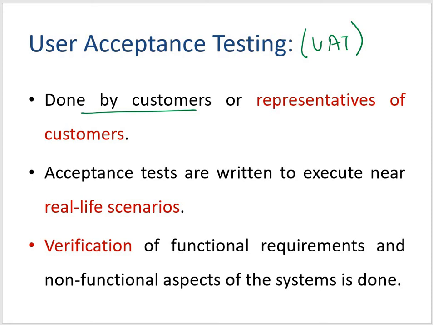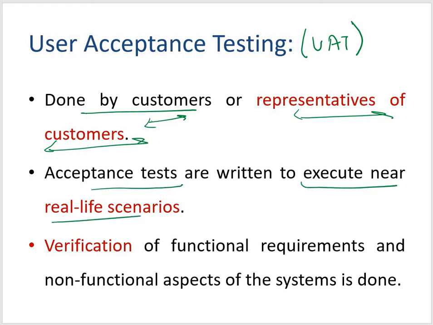This testing is done by customers or the representatives of the customer. Sometimes the representatives sit, and the acceptance tests are written to execute near real life or real life scenarios, and verification of functional requirements and the non-functional aspects of the system is done.